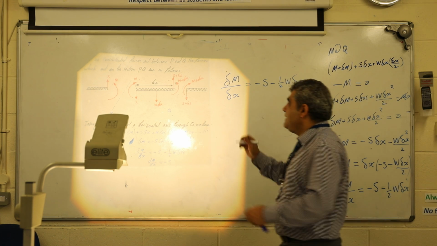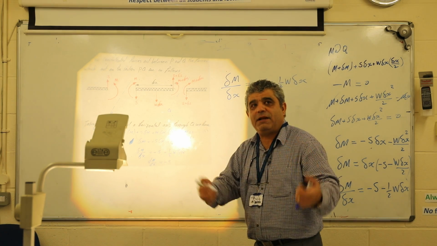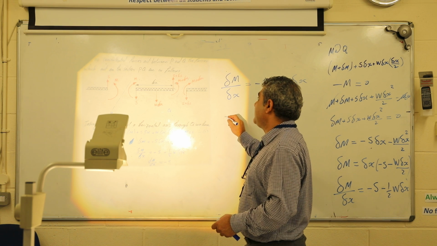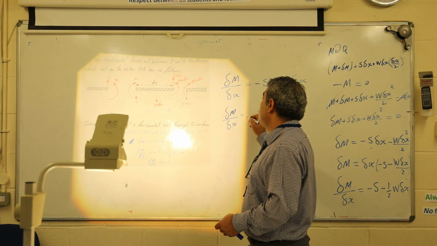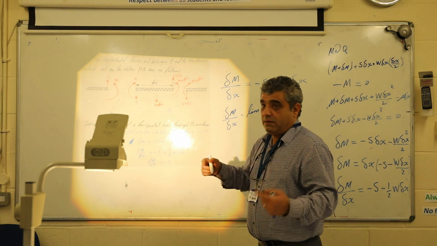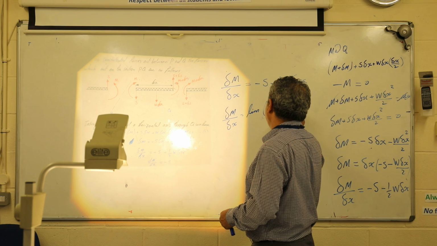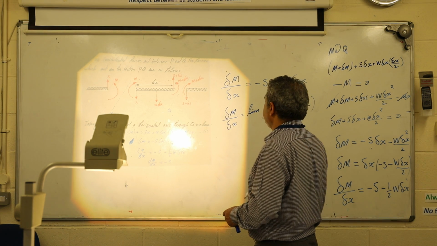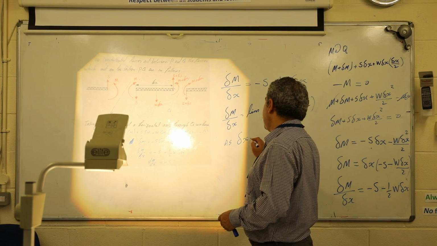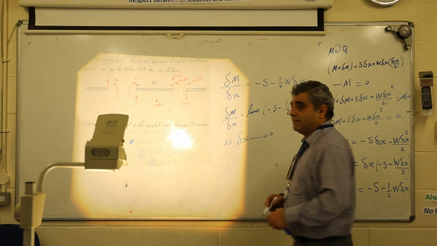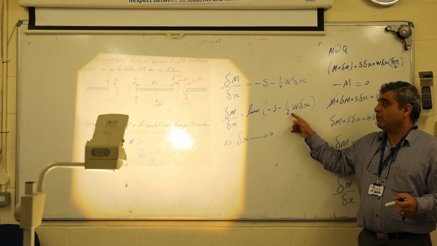So that's the idea behind it. When we have delta M over delta x, it is basically similar to differentiation. So we can say the change of M with respect to the change in x is equal to the limit of minus S minus half of w delta x, as delta x approaches zero. If delta x becomes very small, what's going to happen to this weight?